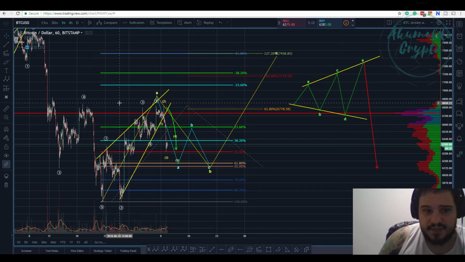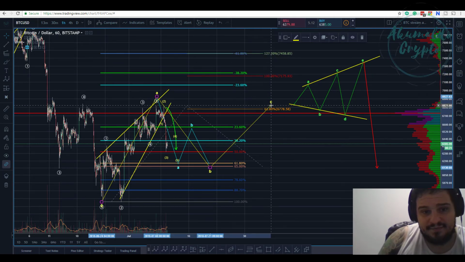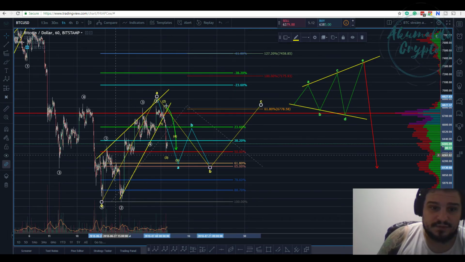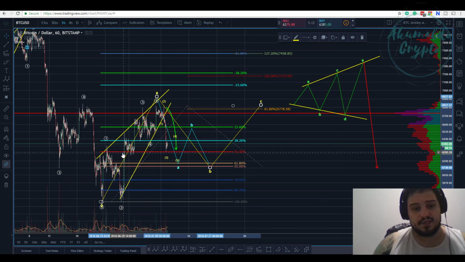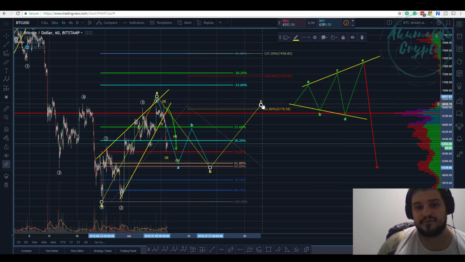We are yet to break this resistance. Perhaps this C might be a running flat that doesn't break. So this is a corrective A, then we put an ABC, then a 1, 2, 3, 4, 5 C.